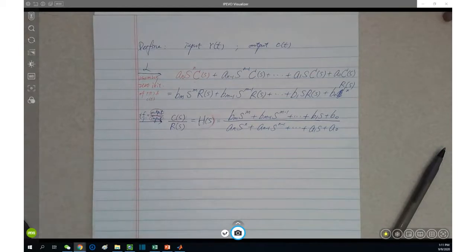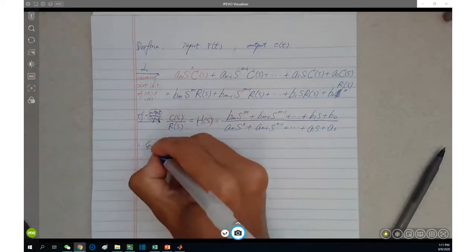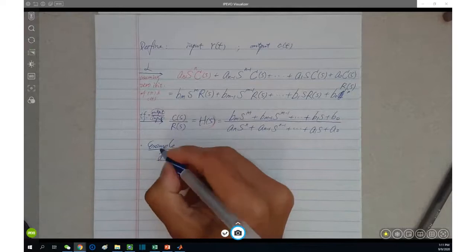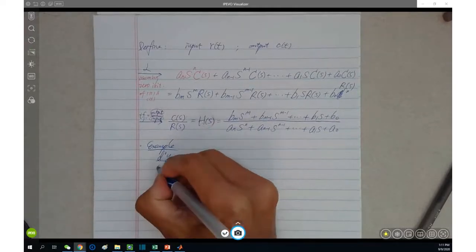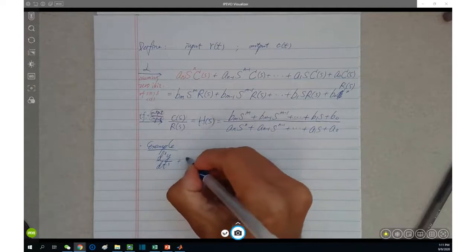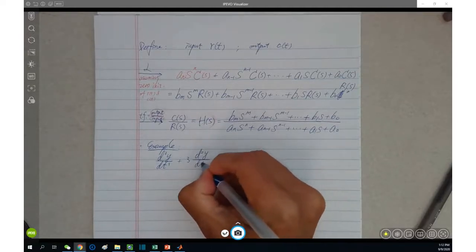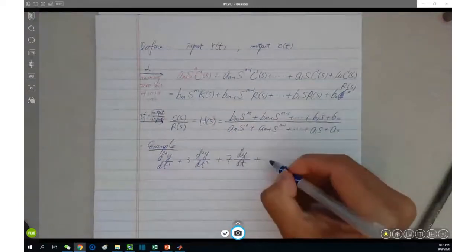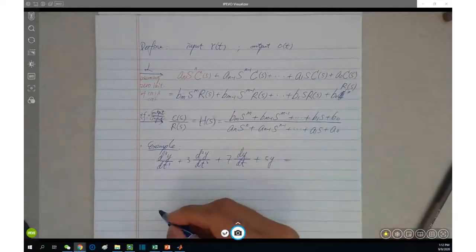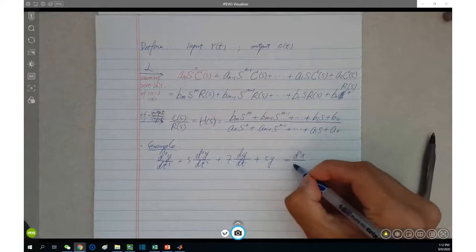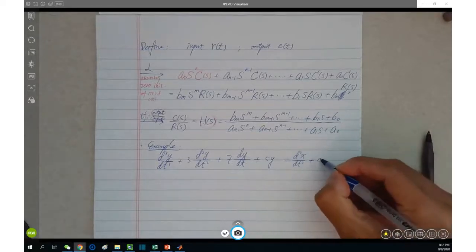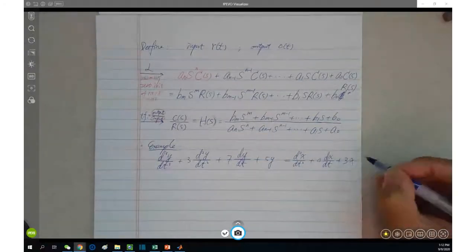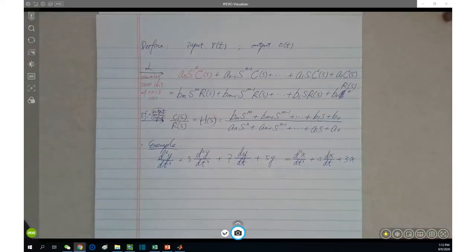Given a specific differential equation, what you see is two variables, y and x.